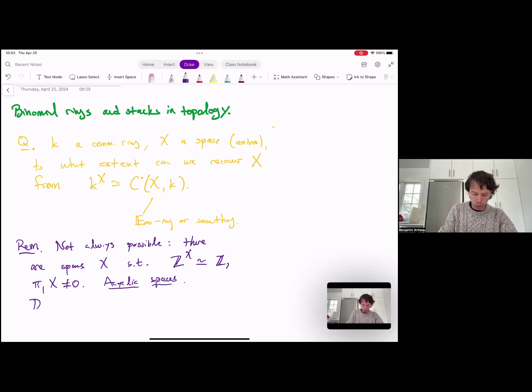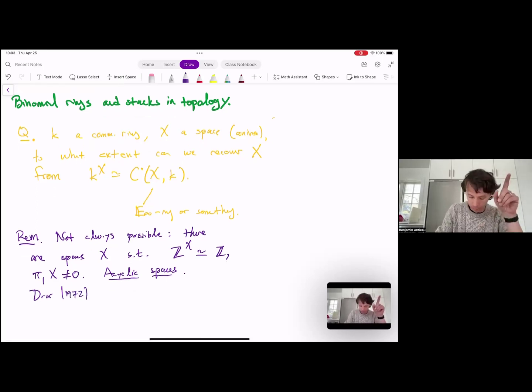And for example, Dror in 1972 showed that they exist with any pi1 which is super perfect.